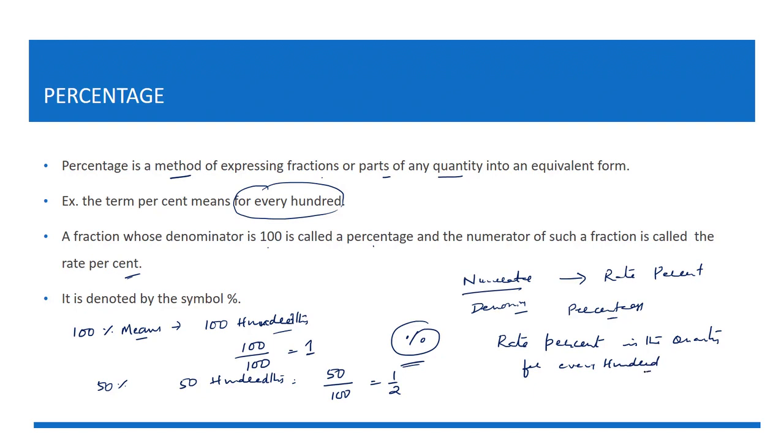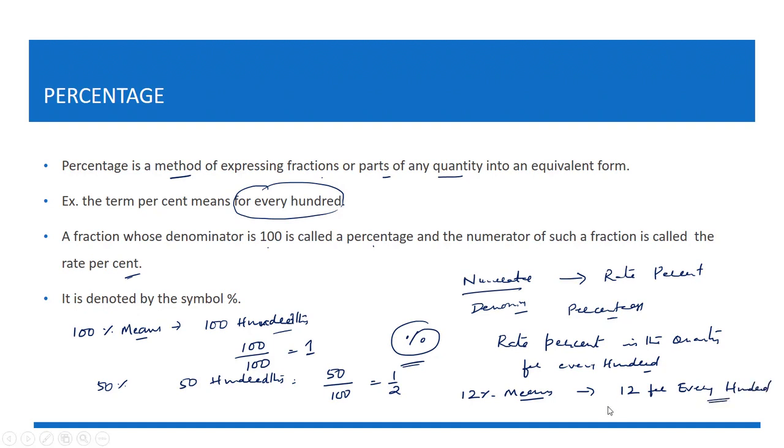Take an example. For 12%, suppose if you take 12%, it means 12 for every 100. It's a very simple thing.